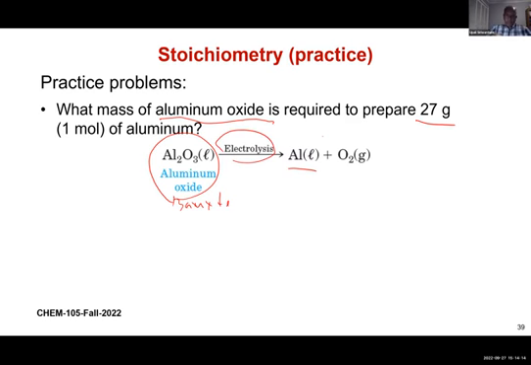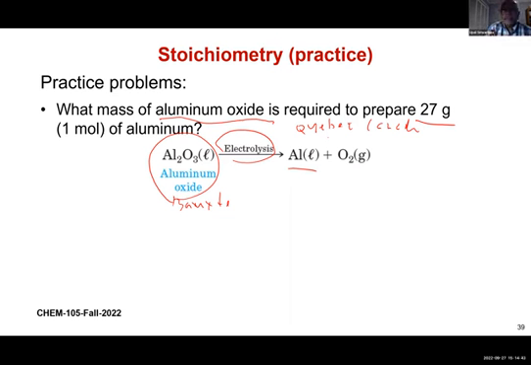This is done in Quebec, Canada, where hydroelectric power is abundant. Electricity is abundant, so they produce a lot of aluminum. Aluminum cans and different engine parts are produced from aluminum.